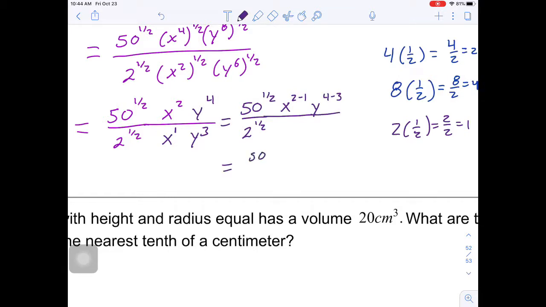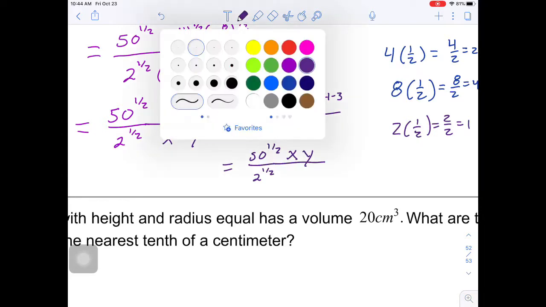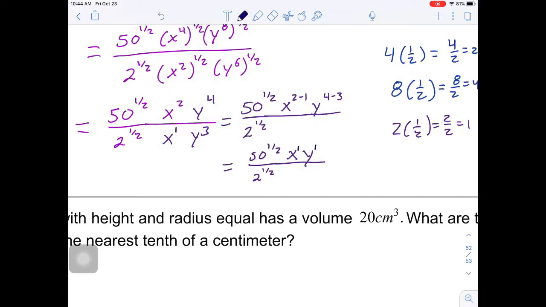And then we're left with 50 to the power of 1 over 2 over 2 to the power of 1 over 2. 2 minus 1 is 1, so this leaves me with a single x. 4 minus 3 is 1, so this leaves me with a single y. If you really wanted to, you could put a 1 there, but it's not necessary.